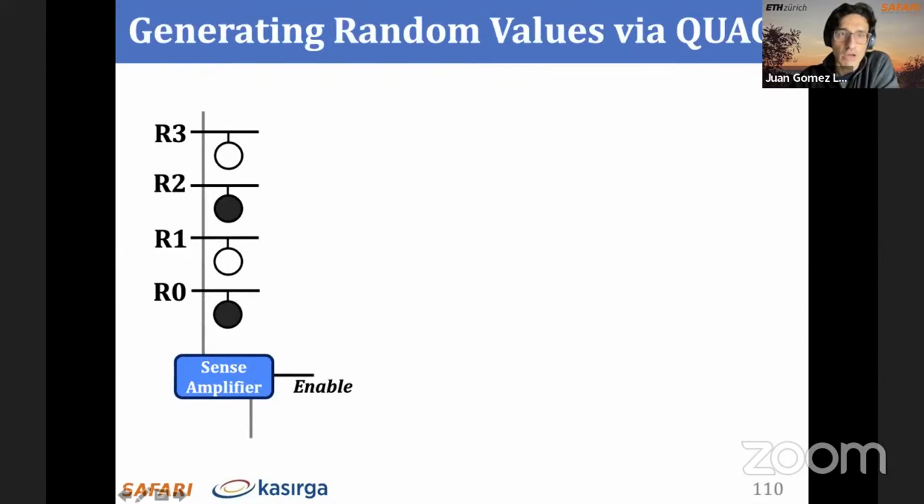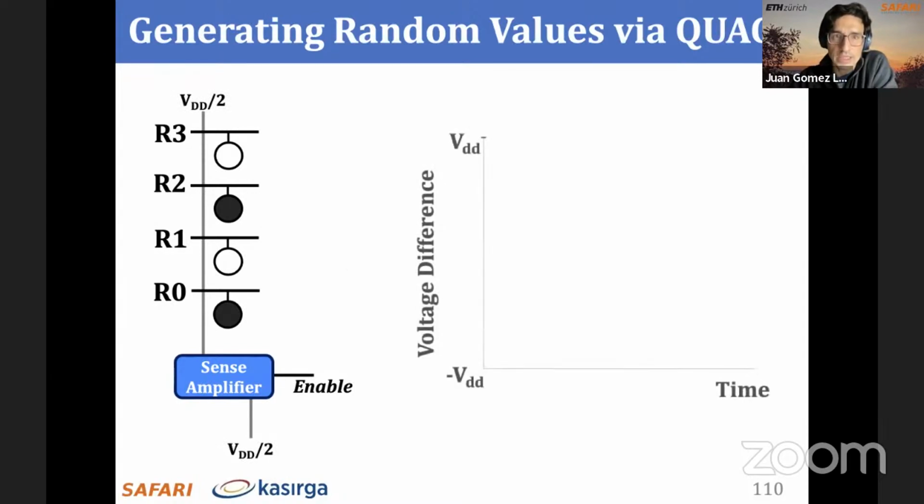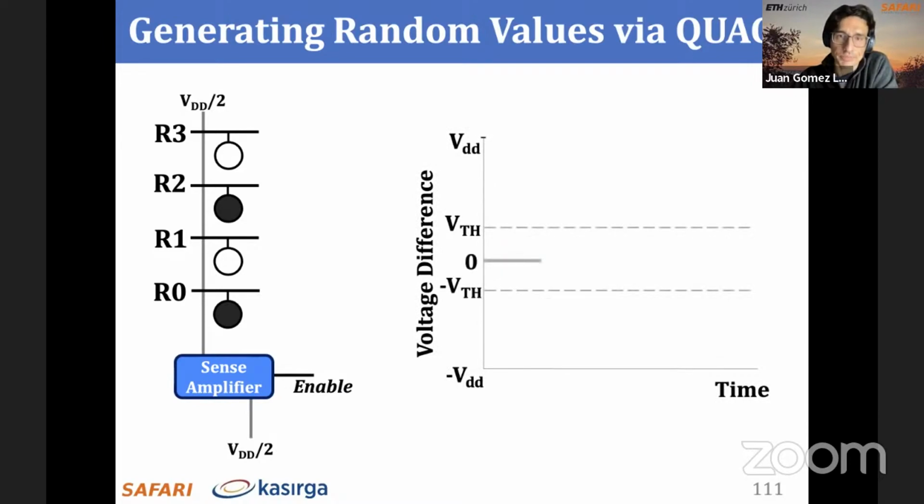The idea is to have 4 different rows. Some of them contain 1, and the other 2 contain 0, and this is the steady state, let's say, where the voltage of the bit line is half VDD, and we have this threshold voltage.